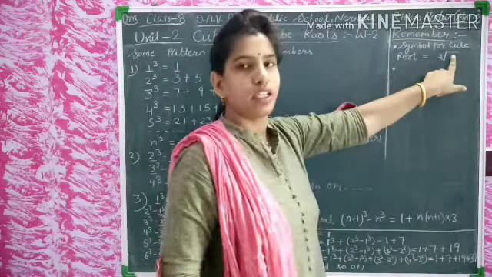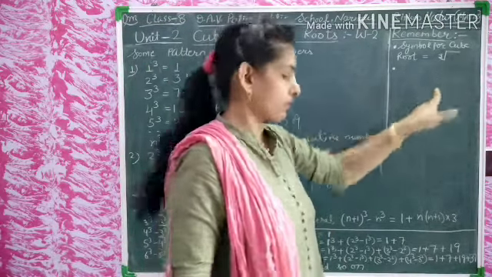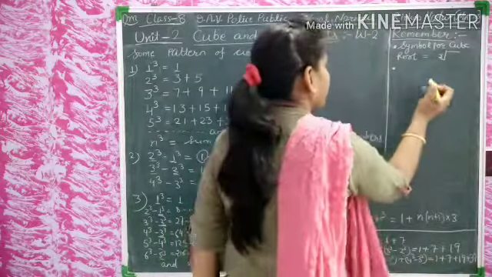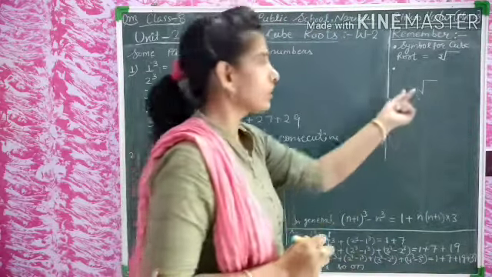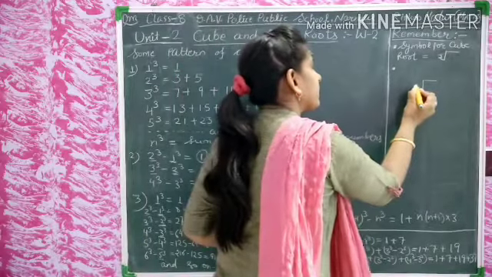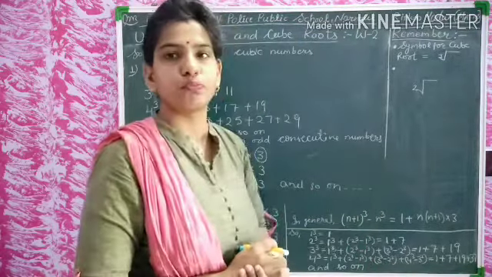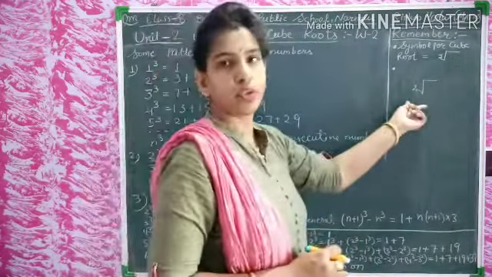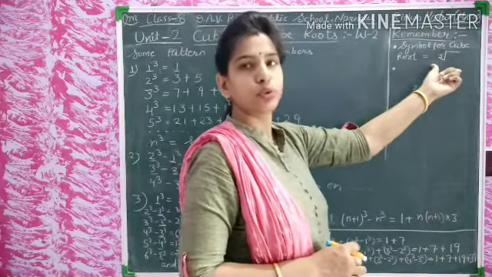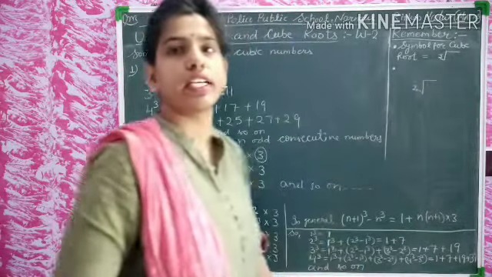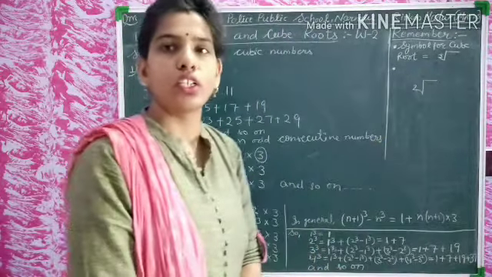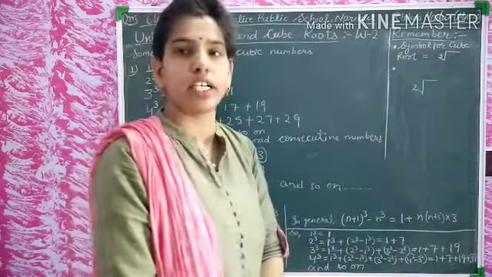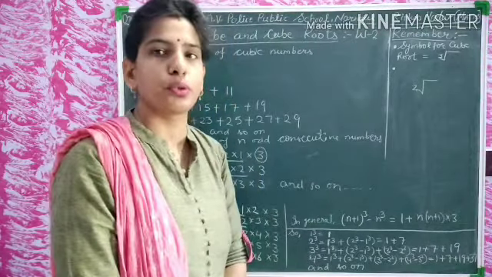Here is the square root symbol, which we have already done. In the square root the number 2 is written, and in the cube root the number 3 is written. This symbol is used for cube roots.